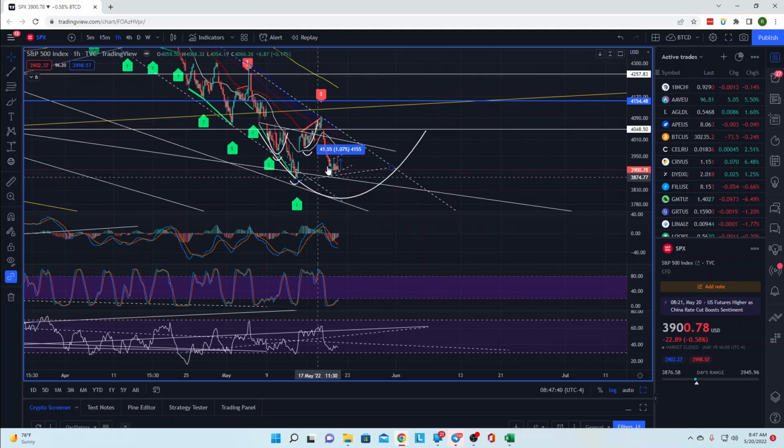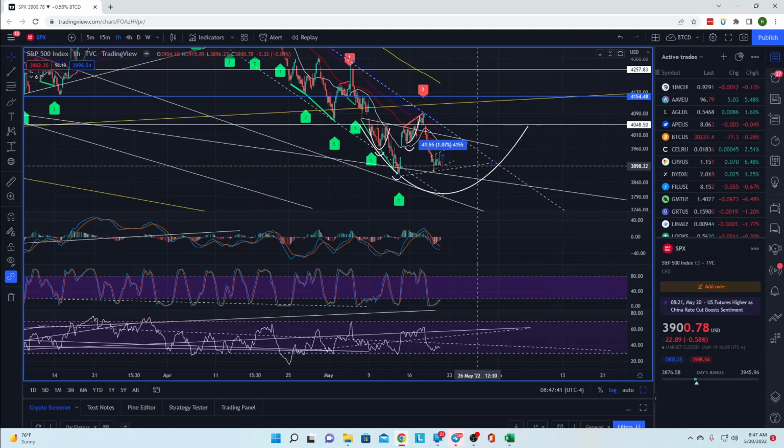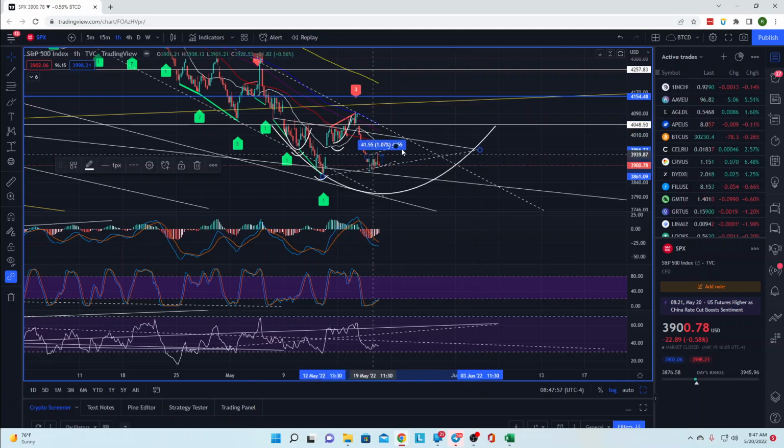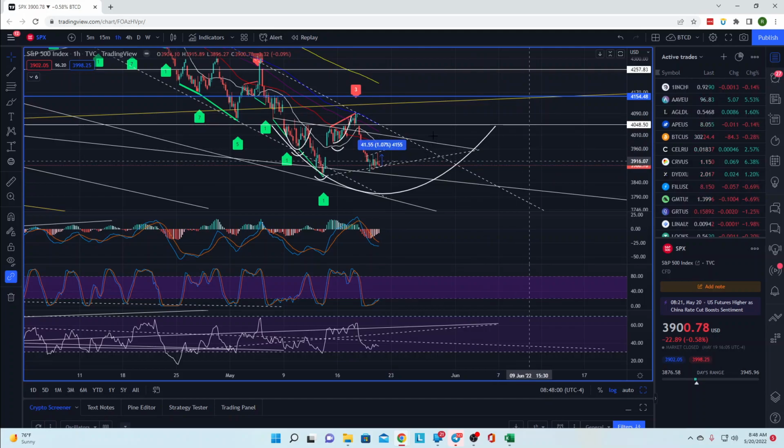I'll be keeping a close eye on this, and for the moment this bear pennant could make some sense. But this also could be the start of some sort of mildly rising pattern here, right? This is slightly rising, and then you've got this line here, so maybe you've got something that looks like an asymmetric triangle. I don't know. But again, it's going to help us assess some Bitcoin direction.